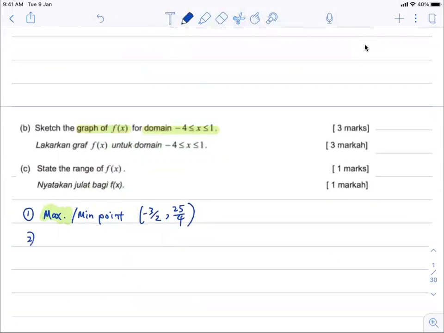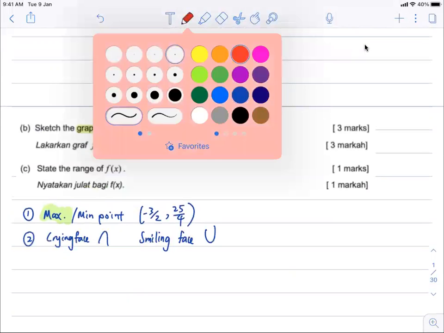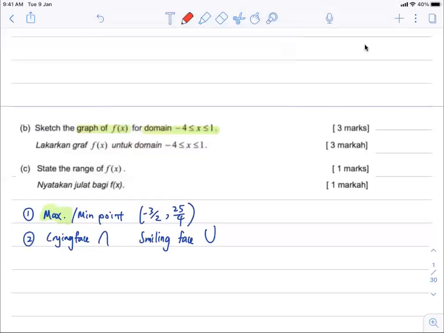Then the second step is, we want to know if it is a crying face graph like this or a smiling face like this. To differentiate, a crying face, you notice, has a negative x squared. The smiling face normally has a positive x squared.